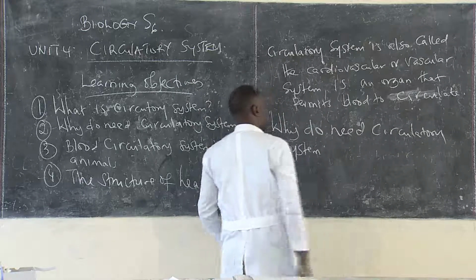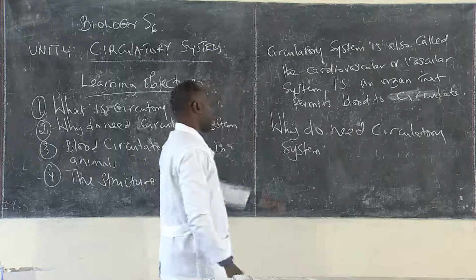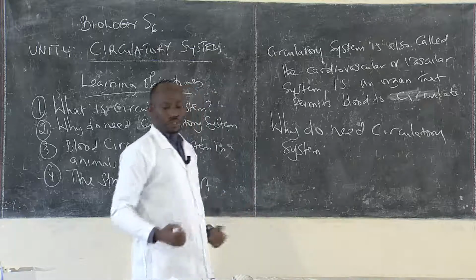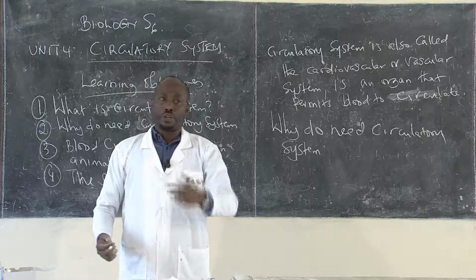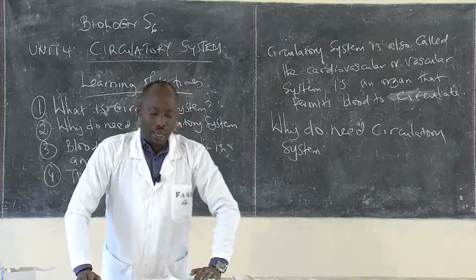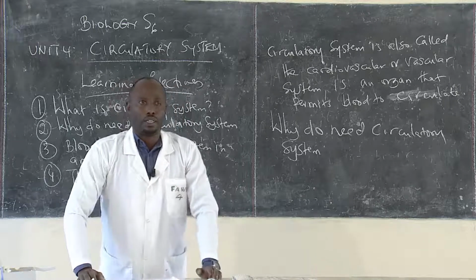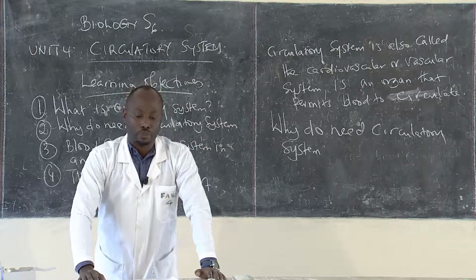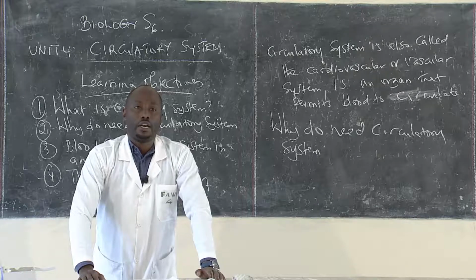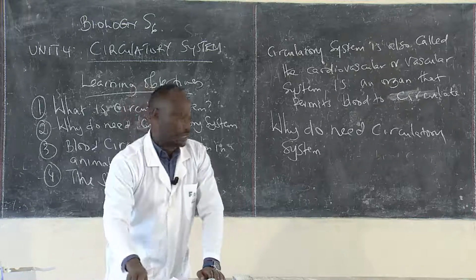As I talked about, the circulatory system transports blood, and why do we need a circulatory system? I can say there are a number of reasons that we need a circulatory system, and the primary task of the circulatory system is to deliver nutrients and oxygen. That is number one.